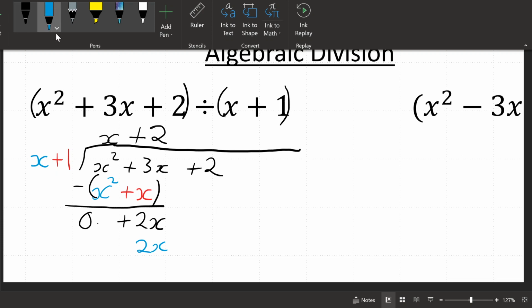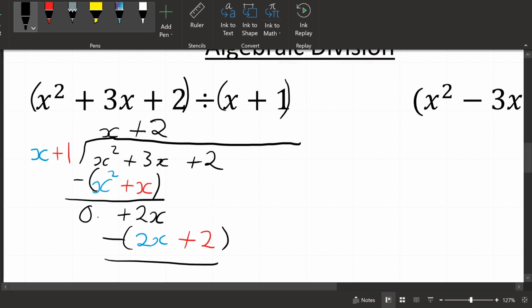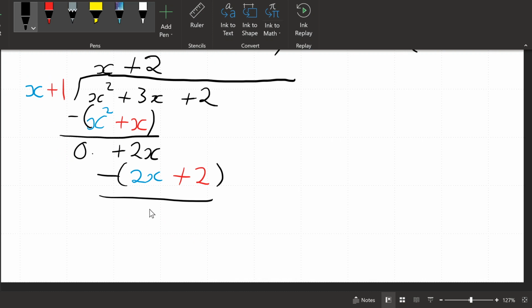And similarly, we need to figure out the plus 1 value here. So 1 multiplied by 2, that's just going to be plus 2. And we subtract that away, and we should get from that 0 plus 0.